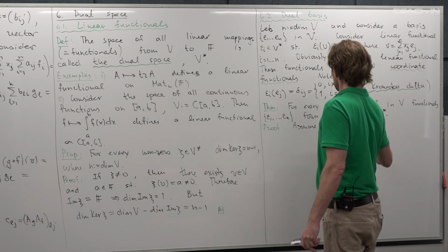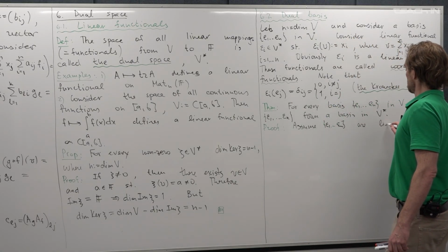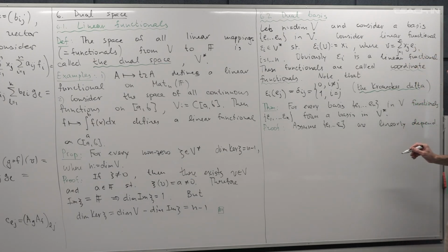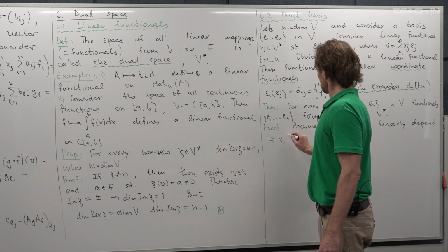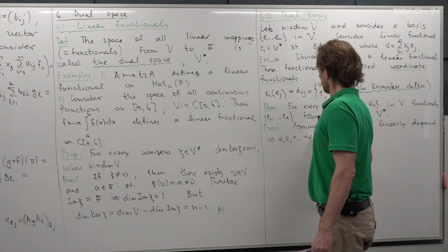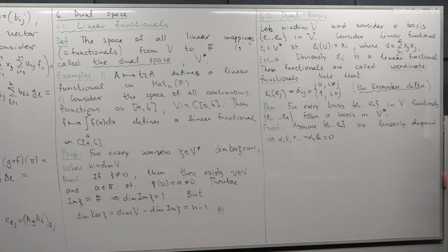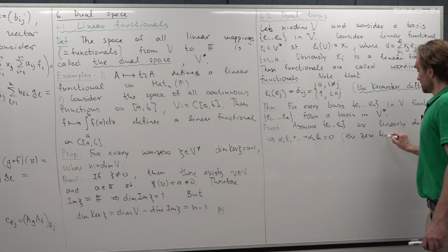So assume epsilon 1, etc., epsilon n are linearly dependent. Then we have this linear combination which is equal to 0. And what does this mean? This linear combination is equal to 0 as a linear functional. So this is the 0 linear functional.